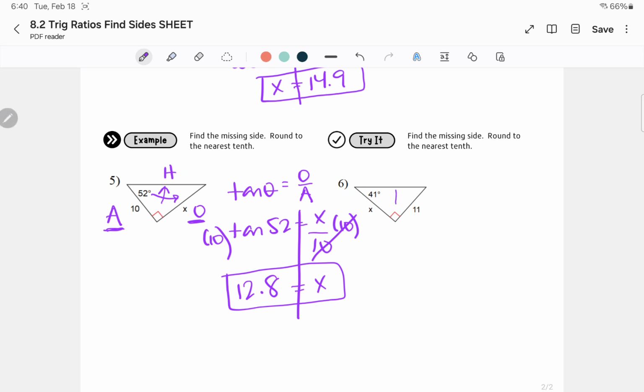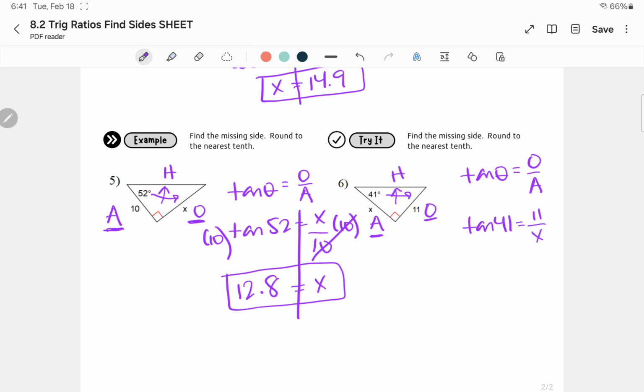All right, so hypotenuse. Again, if you need help with the H, O, and A, you can go back to 8.1 or you can come see me and I can help. So we're going to be using tangent as our last one. So tangent of theta is O over A. Our theta is 41. O is 11.